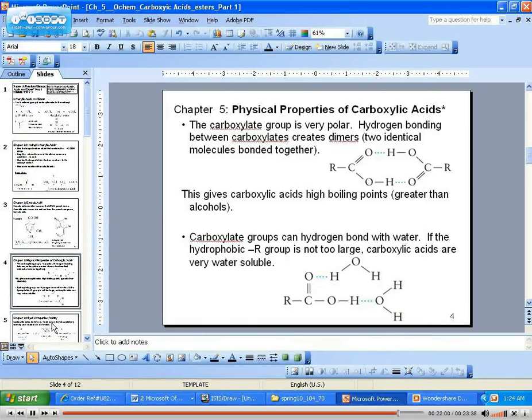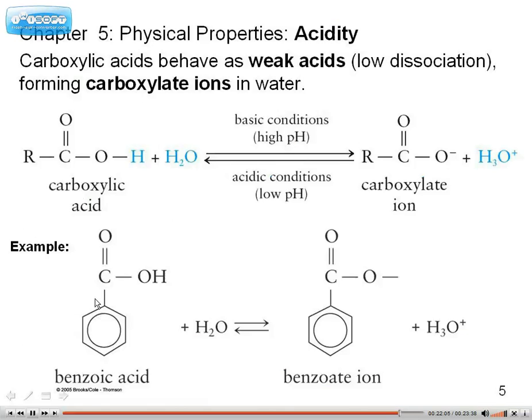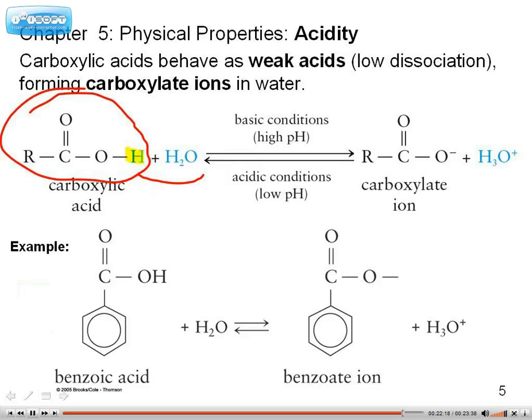Going back to our examples, moving on. Here is an example of what happens when you put carboxylic acid in water, represented by this reaction right here. As I showed you earlier, the hydrogen highlighted in yellow is going to bond with the water and form a hydronium ion, and it leaves over a temporary carboxylate ion.